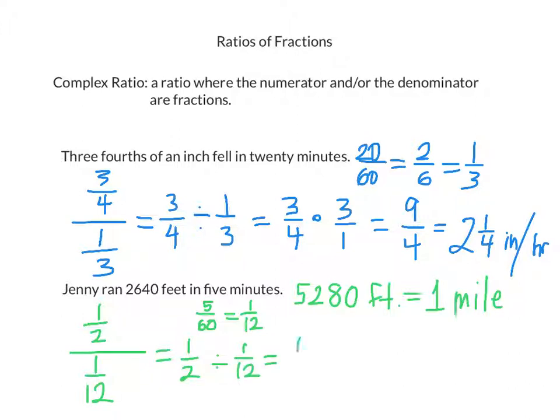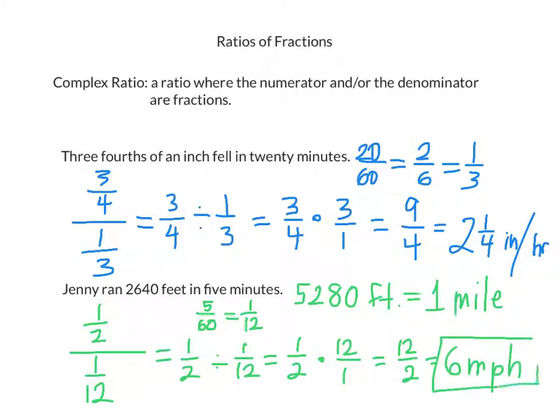So leave 1/2 alone, change divide to times, flip the second one upside down, or use the reciprocal. So that's 12 halves, and that equals 6 miles per hour. That is how fast she runs. So these would be our unit rates taken from a complex ratio.